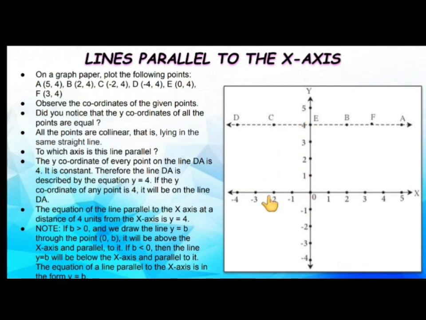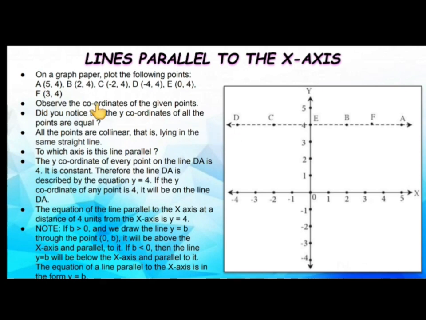Again, the intersection of these two points will be the location of point C. For point D, we have been given coordinates (-4, 4). So the x coordinate is -4, which lies here on the x-axis, and the y coordinate is 4, which lies here on the y-axis. Again, the intersection of these two points will be the location of point D.